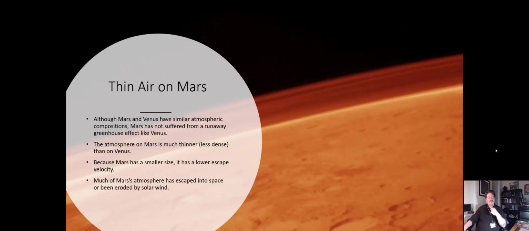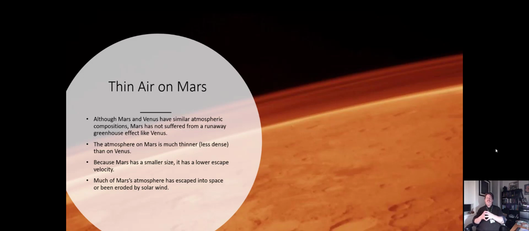You have a thin atmosphere on Mars because, if we remember from last lecture, you can have atmospheric escape. If the escape velocity of the gas is high enough, and it exceeds the escape velocity of the planet, it can fly out into space.